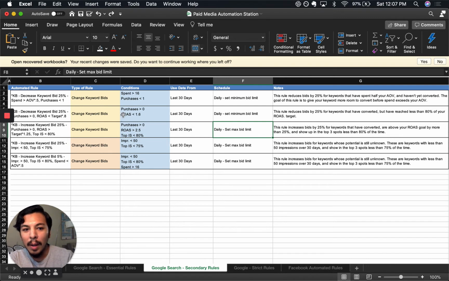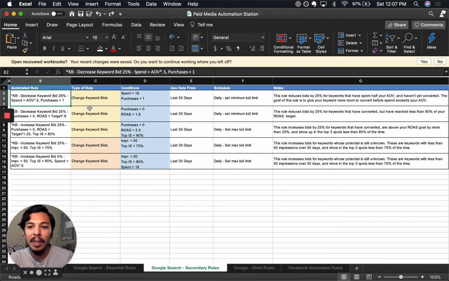So in this case, 25% for decreasing the bid is a pretty good measure, where we're not just getting rid of the keyword altogether, but also making sure that our adjustment actually has some significance behind it. Because especially if you're selling apparel or something like that, the bids can be pretty cheap. And if you're adjusting a 50-cent bid by less than 25%, it's really not much of an adjustment.